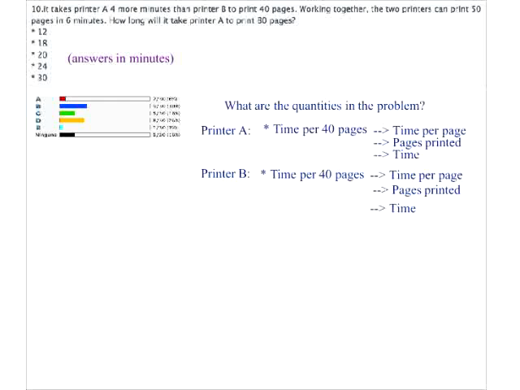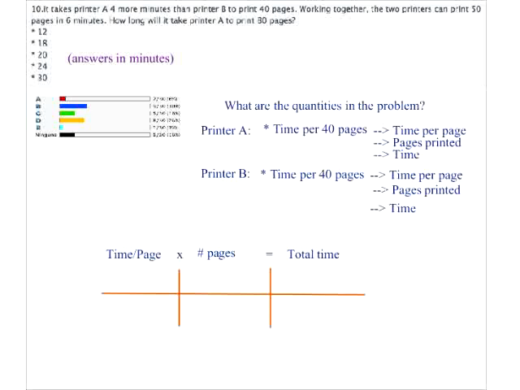This may not be the easiest thing in the world, but if you have time per page, what can you multiply that by? Time per page times what is going to equal what? Chat box. Time per page times the number of pages equals total time.